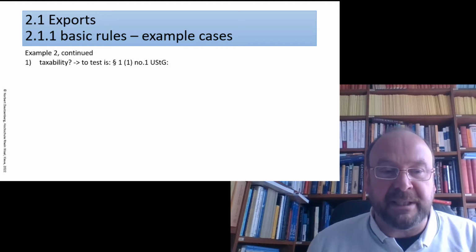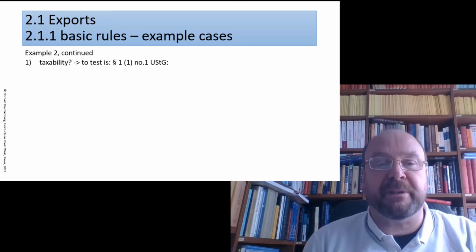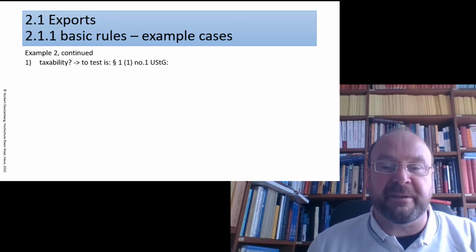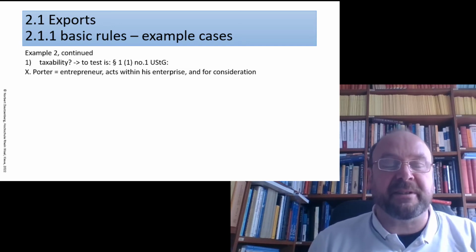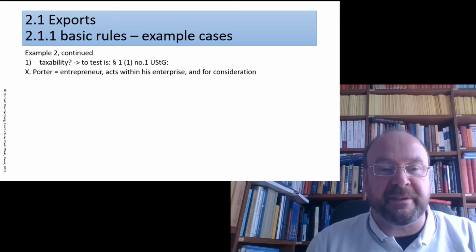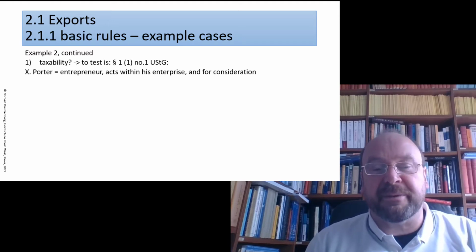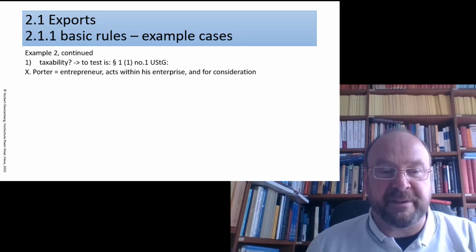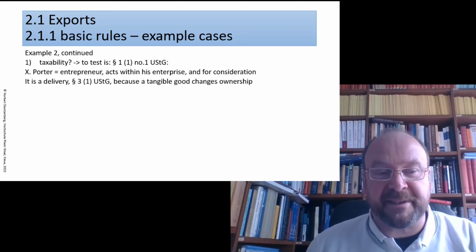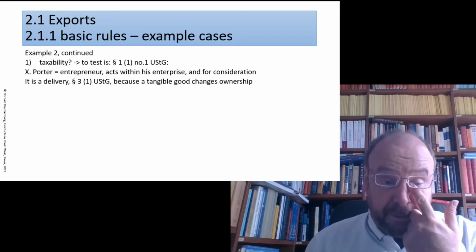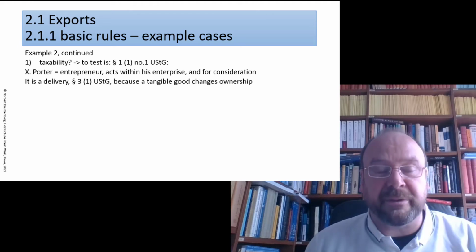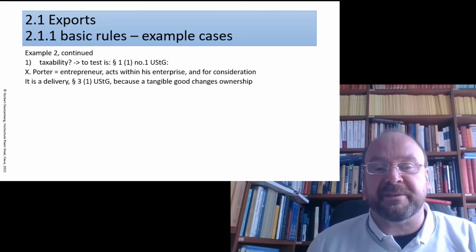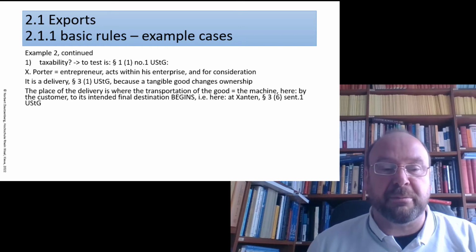Let's have a look. Let's begin with taxability. That's plain and simple, there is no problem in that. The exporter is still an entrepreneur, he didn't retire in the meantime. He acts within his enterprise, and for consideration, that's everything still the same as in the last case. It is a delivery under paragraph 3.1 UStG because a tangible good changes ownership.